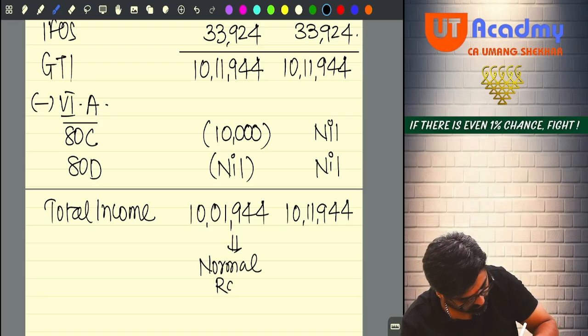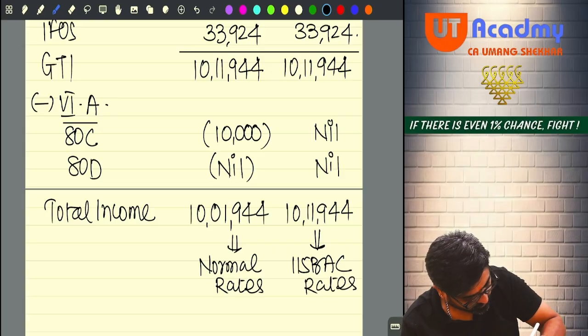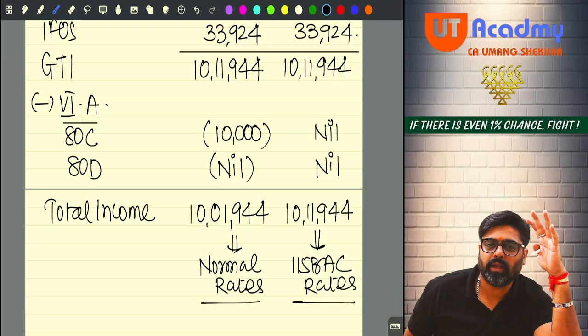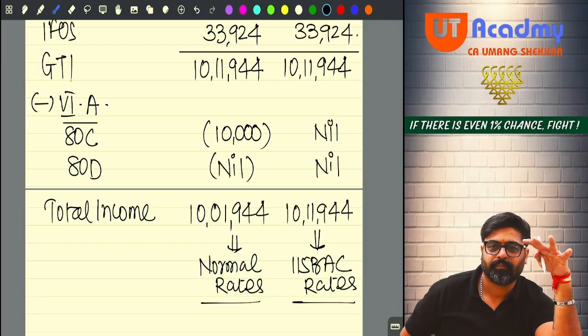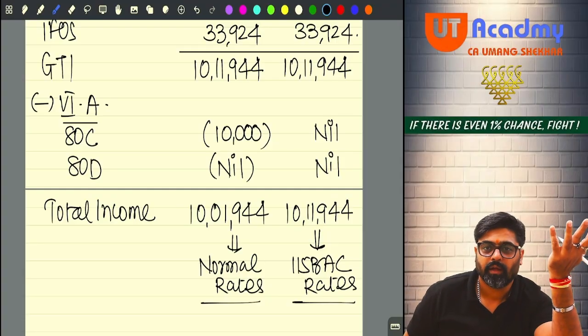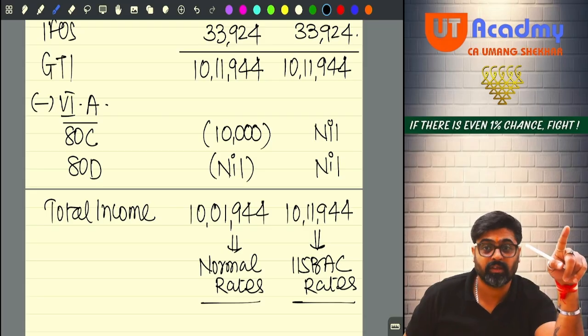On the normal total income, you will apply normal rates. And on the other total income, you will apply 115 BSE rates. Till GTI, it was the same. But the moment I came to total income, my total income is 10,000 rupees less in the normal scheme.